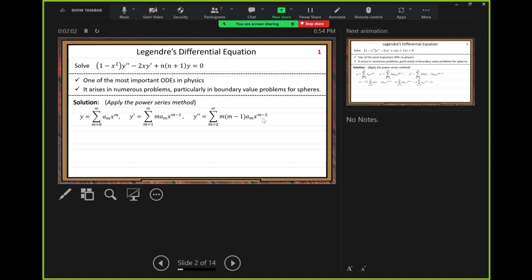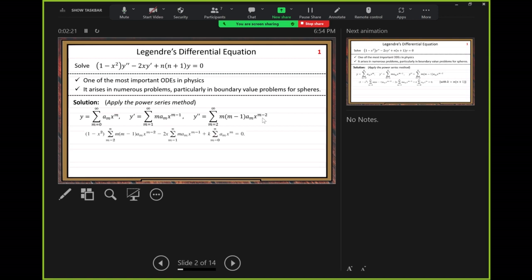Then we need to do operations. First, you can see we plug into the original equation: 1 minus x squared multiplied by the y double prime power series.